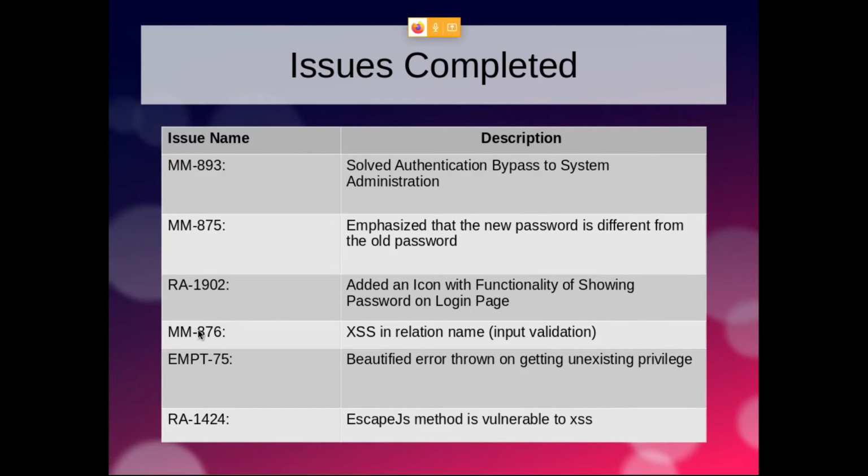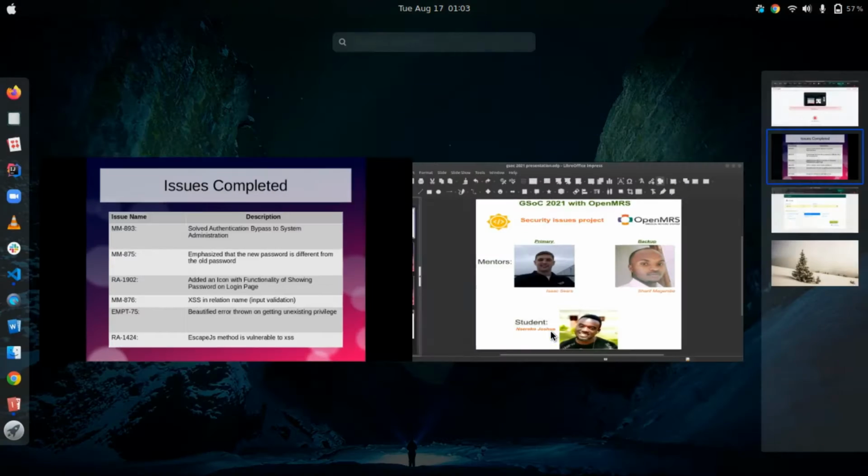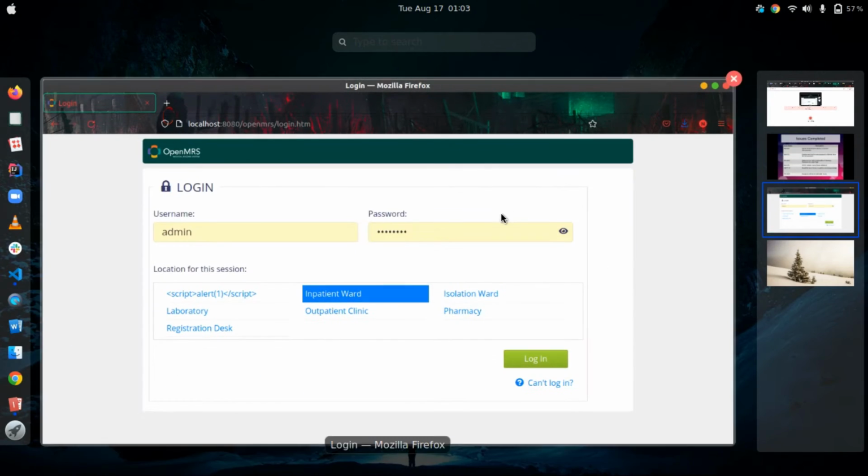Another issue is MM876, which is patching the XSS in relationship name. Let me dive into this.